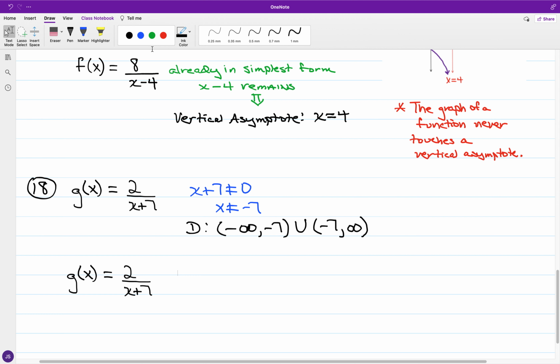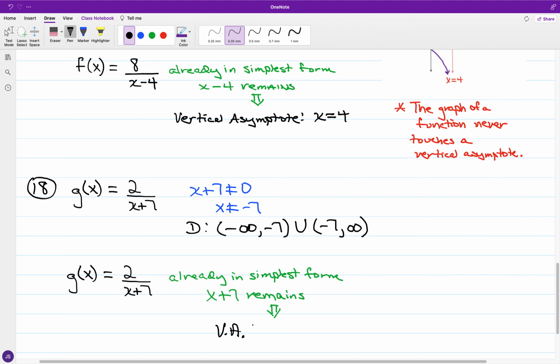And for 2 over x plus 7, again you have this bit of history repeating. You have 2 over x plus 7, already in simplest form. And so x plus 7 remains, as opposed to canceling out just like x minus 4 earlier. Again, because the factor in the denominator remains, this time we have our vertical asymptote.